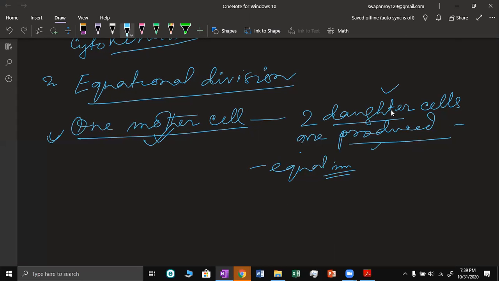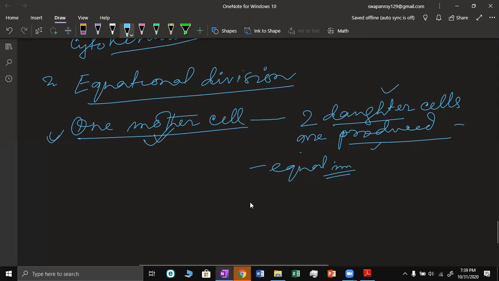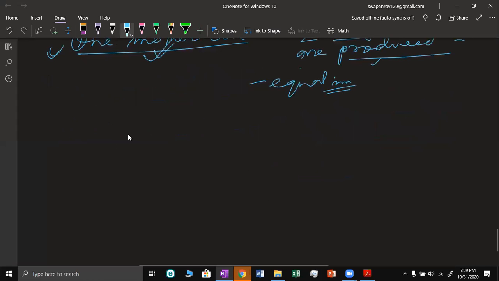And so the daughter cells are identical by quantity and by quality. Means they are getting the same quantity, and their quality also is similar, equal. So these daughter cells are equal in quantity and quality.